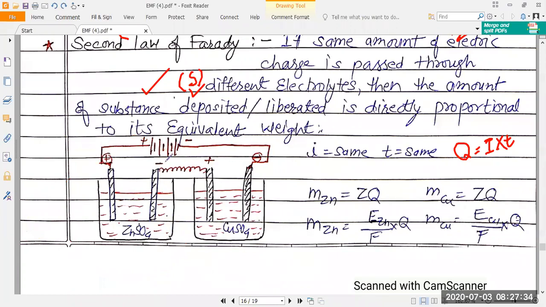Now what happens when we connect both the cells in series? In series, the value of I is the same and t is also the same. The value of the current I is the same when we connect two or more cells in series combination, so the value of I will be the same for both the cells.